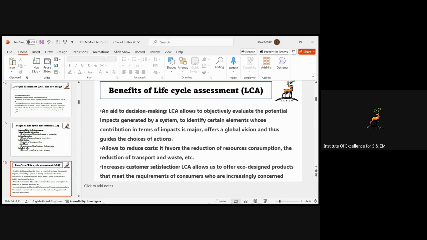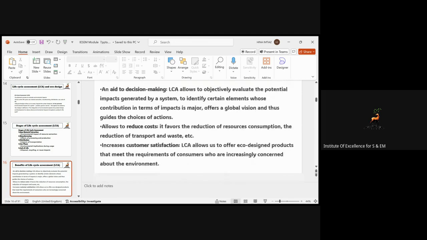It offers a global vision, and thus guides the choices of the actions we have to take to improve the environment, or to improve the life cycle of any product or of any industry.